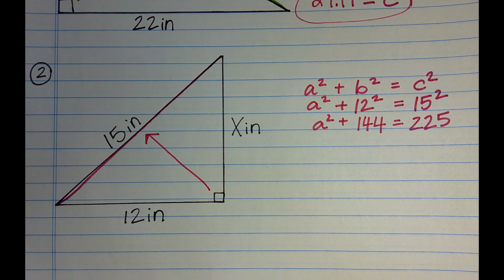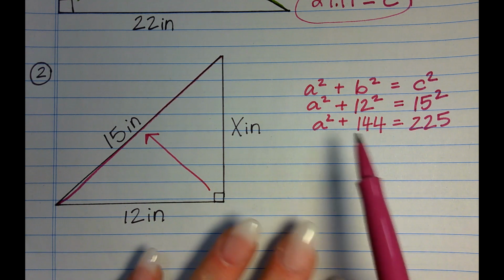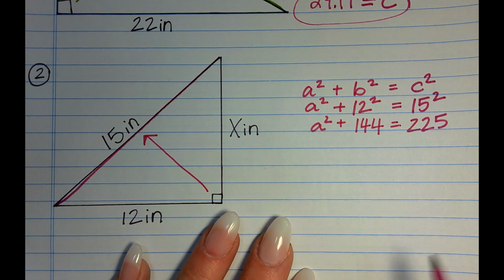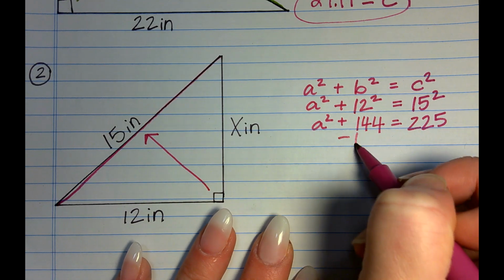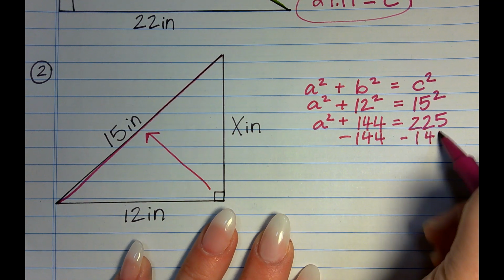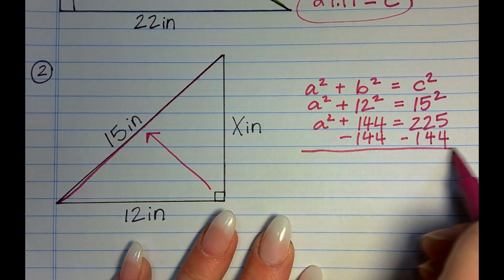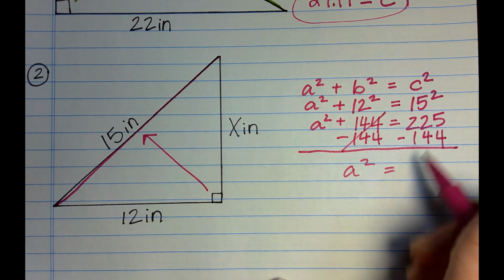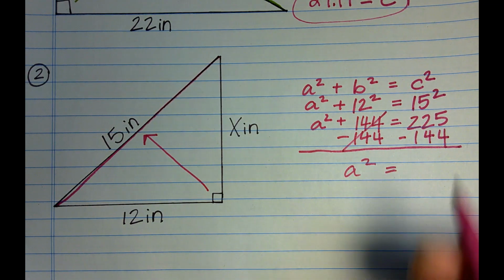What do I do next? Take 144 from both sides. Yes. I cannot take the square root of both sides until I have A squared by itself. So this time, I need to subtract 144 from both sides to get A squared all alone before we can solve. A squared equals 81.